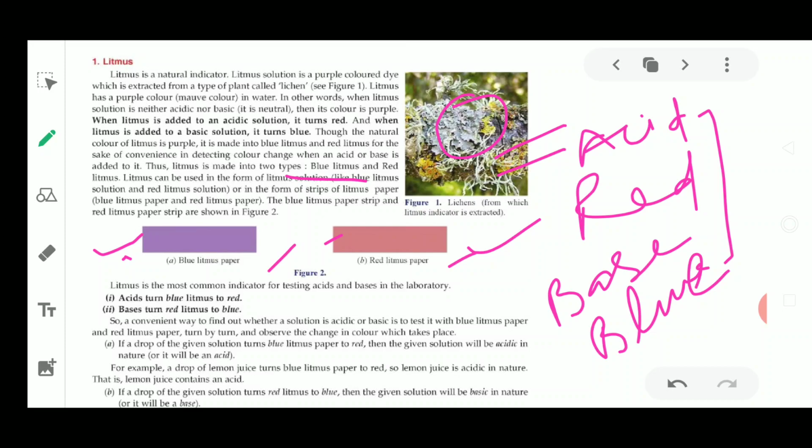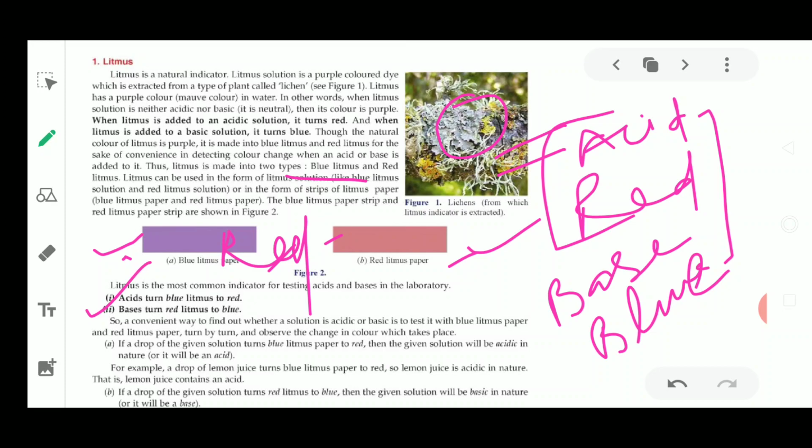You take a blue litmus paper and dip it in acid. As soon as you dip it, it turns red in color. So the blue litmus changes into red, indicating the substance is acidic in nature.